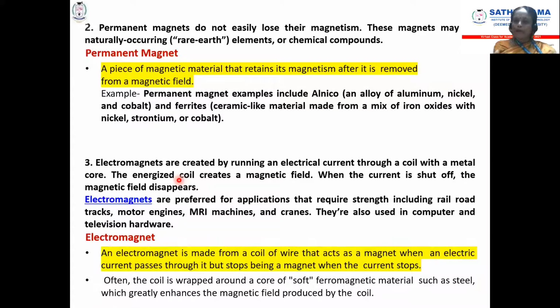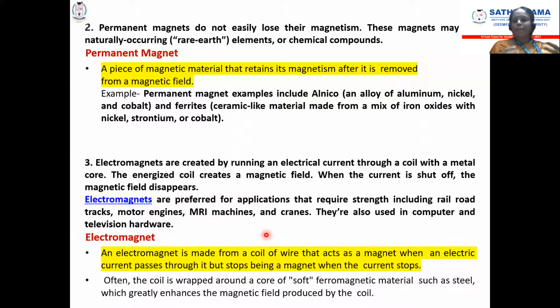This electromagnet concept is what we apply in all electrical machines. So an electromagnet means a coil of wire wound around magnetic material. I pass the current through it, then the magnetic field is created around it. When I stop the current flowing through the coil, the magnetic field disappears.